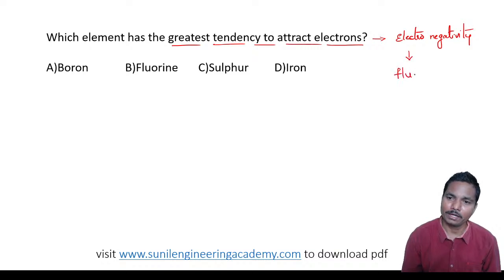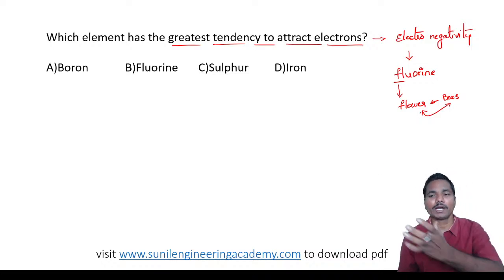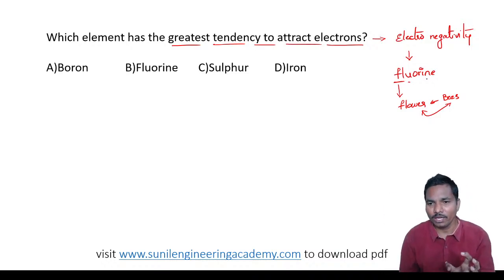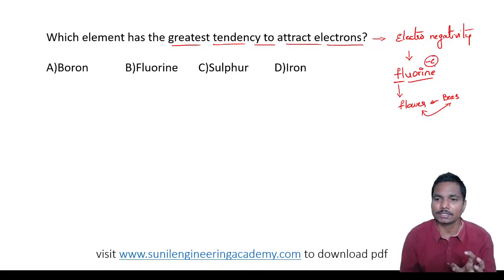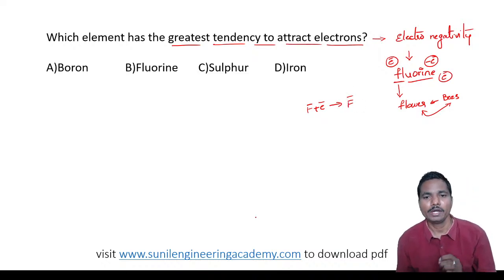I have given one trick also: F for flower. How does the flower attract honeybees? In the same way, fluorine attracts the electrons, and whenever fluorine attracts electrons, it becomes negative, electronegative.